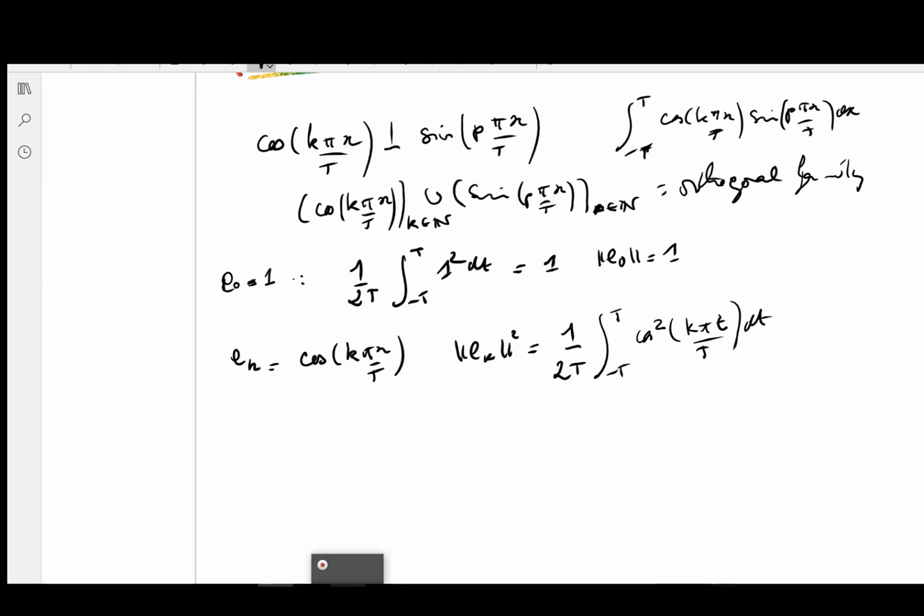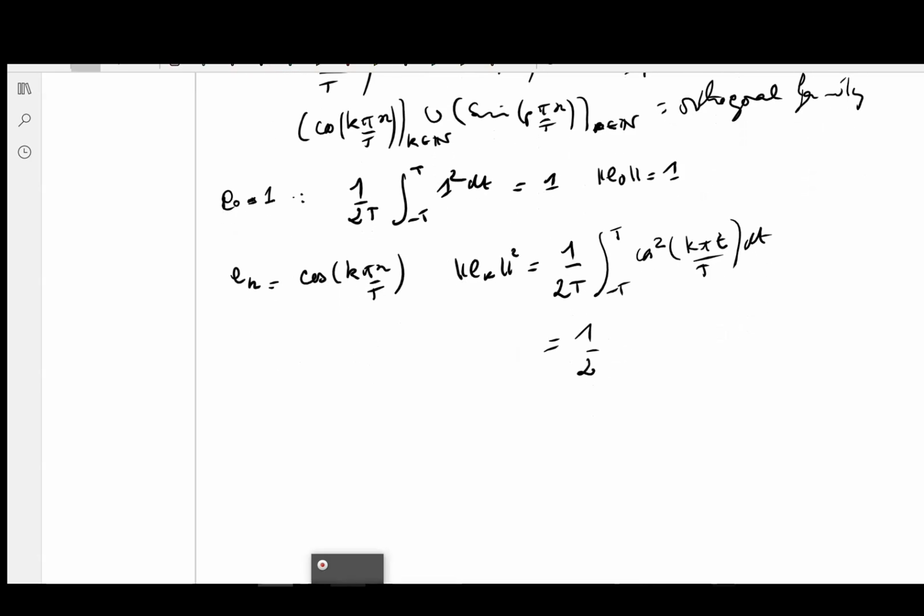If you compute that, maybe pause and be sure you know how to do that, you're going to get 1 over 2. So if I want to norm my function, I should put ek equal to my cosine divided by its norm, the norm being 1 over square root of 2, so I should multiply by square root of 2.